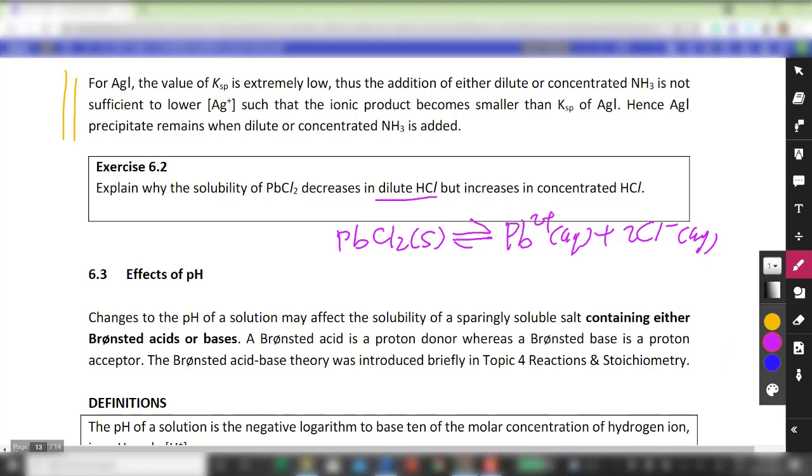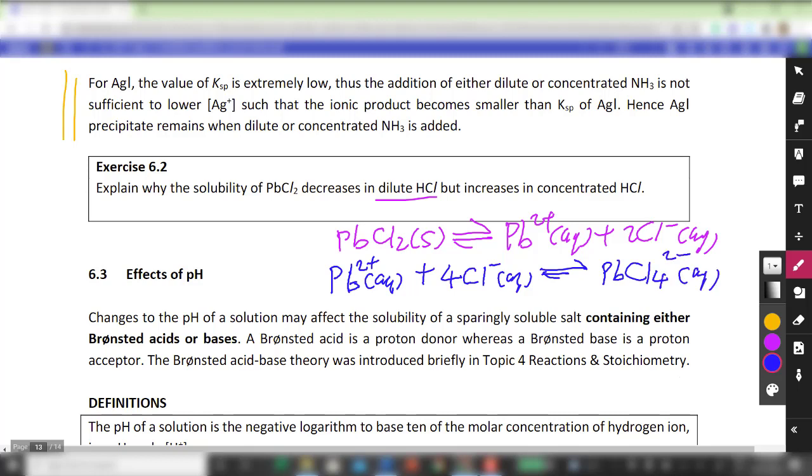In the presence of concentrated HCl, we are looking at the formation of this particular complex: Pb2+ plus 4Cl- equilibrates with PbCl4 2-. Because the chloride concentration is high, you expect this complex formation to have a very high Kc value.